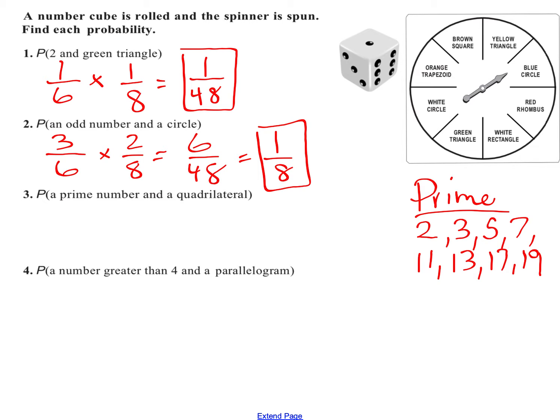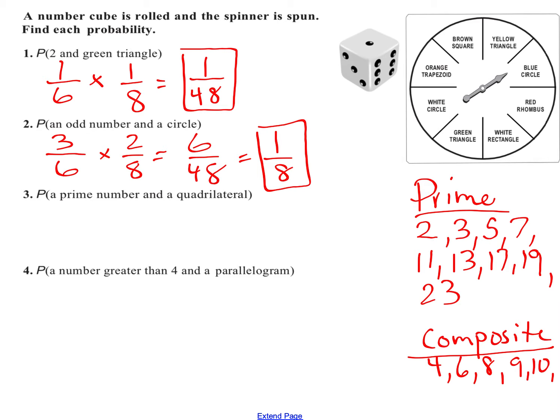These are the first several prime numbers. These are numbers that cannot be factored. Numbers that are not prime are called composite numbers, and these are numbers that can be factored. The first composite number is 4, then 6, 8, 9, 10, 12, 14, 15, 16, 18, etc.